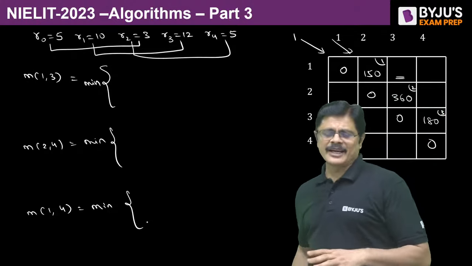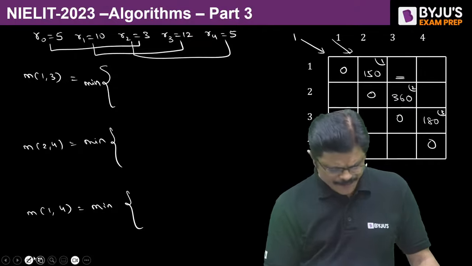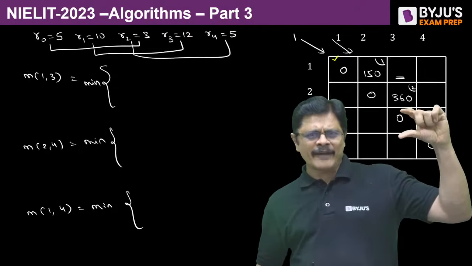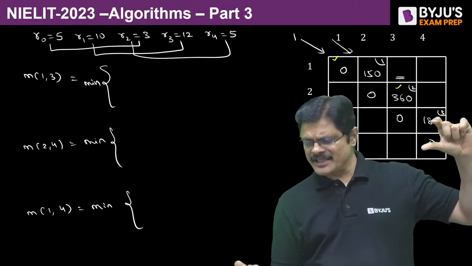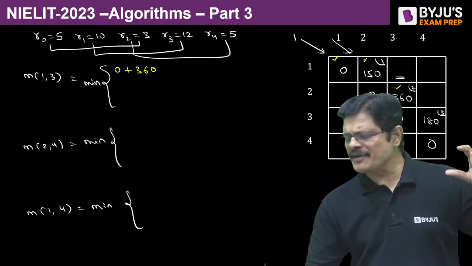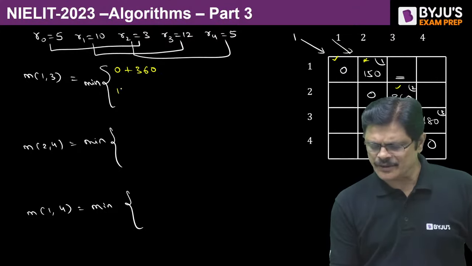So for M13, as I already mentioned, when you want to find this value, see the leftmost diagonal value, that is added with this, that is 0 is added with 360. Then the next value is added with the next bottom entry, that is 150 is added to 0.